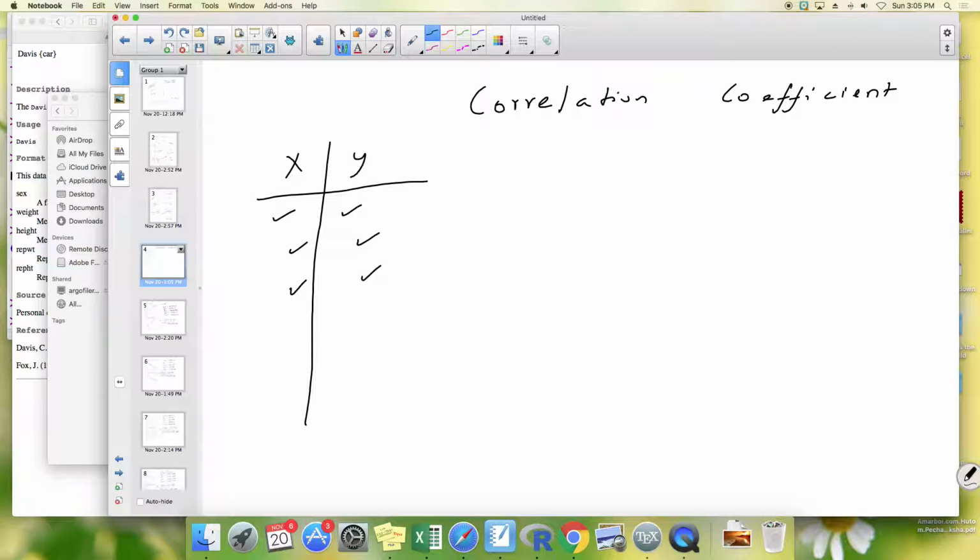Let me call them X1, X2, X3, dot dot dot, Xn, Y1, Y2, Y3, dot dot dot, Yn.